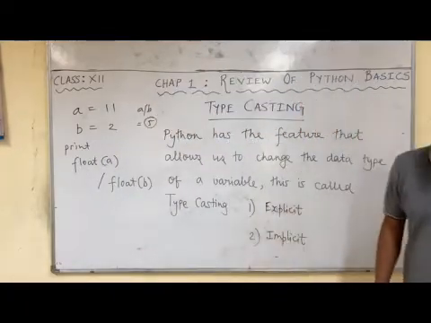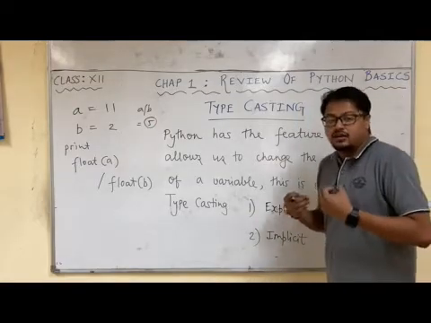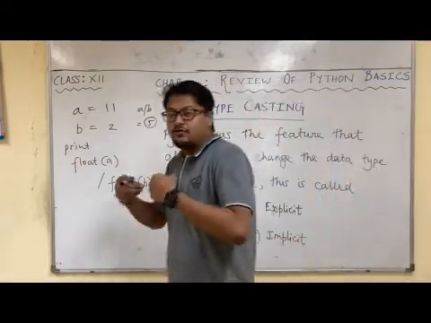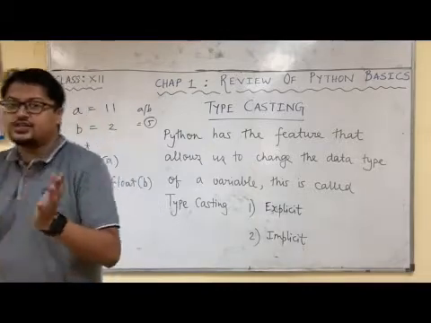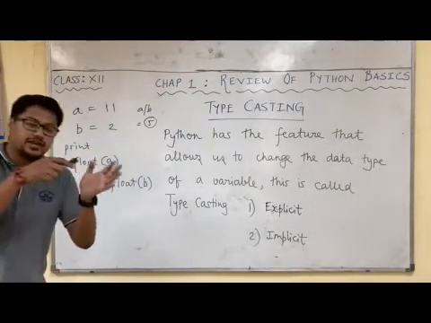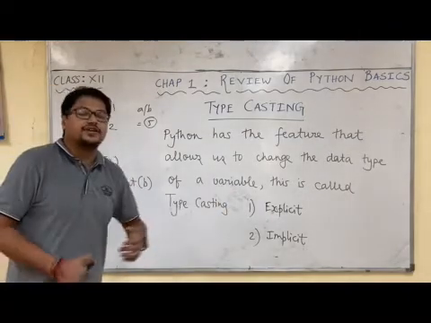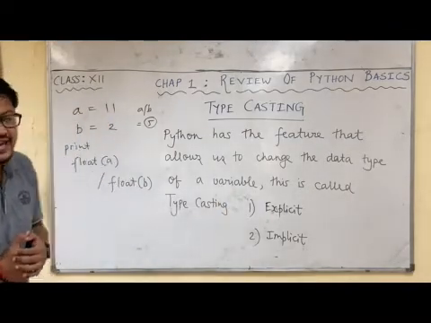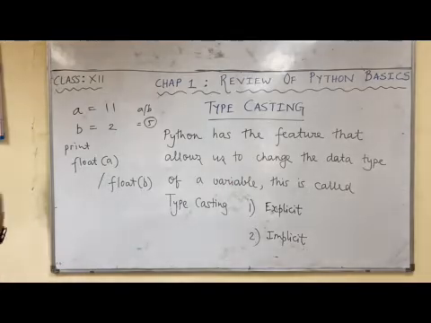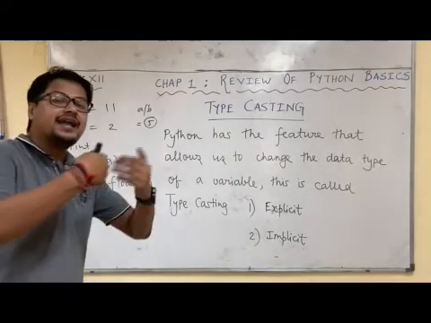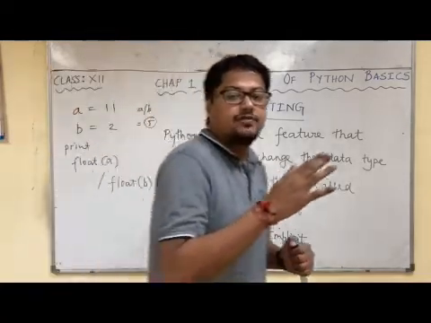explicit conversion. I would like to repeat, during coding, whenever we on our own change a variable from one data type to another data type, that kind of typecasting is called explicit typecasting. On the other hand, sometimes Python by itself changes the data type of a variable.